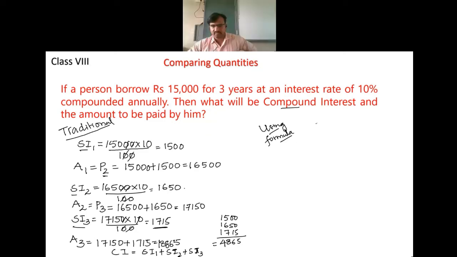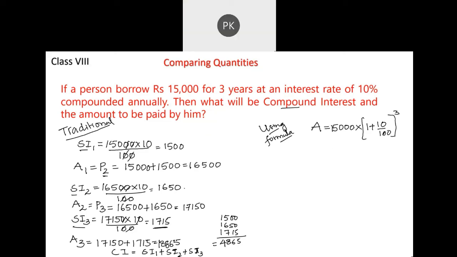If we use the formula, amount is directly obtained. Amount is principal, which is 15,000, into 1 plus rate of interest 10 by 100, to the power 3. We can simplify here. Zeros will get cancelled. 1 plus 1 by 10, taking LCM, is 11 by 10.